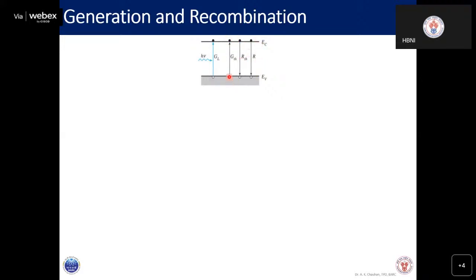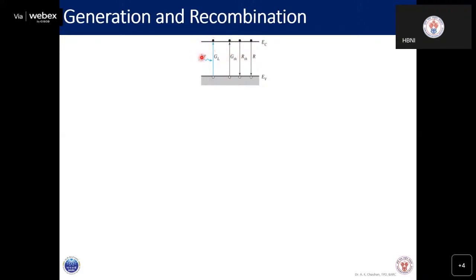All those electrons will move from the valence band to the conduction band, and similarly they will keep on recombining also. So the thermal equilibrium will remain: some electrons go up, and the same number come back. So this is thermal generation and recombination.